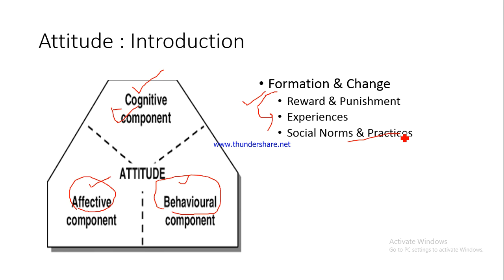Or for example, families where people do not consume non-vegetarian food. There even the young members of the family start having a very unfavorable attitude towards non-vegetarian food, and they also start consuming vegetarian food. So many a times the norms, the rules prevalent in your family, the rules prevalent in your society, lead to formation of attitude and changes in attitude also.